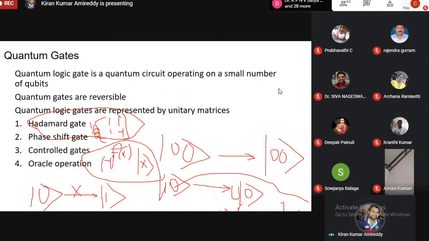Simply you can replace this with H, matrix H, when you are expressing it in an equation. And phase shift, we didn't deal with that. Suppose a vector or a quantum state, and I forgot actually one of the advantages of the quantum thing is, suppose if we have 0 or 1 bit, so this can be represented, suppose, okay.